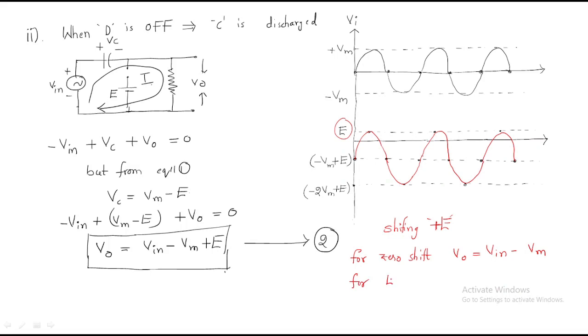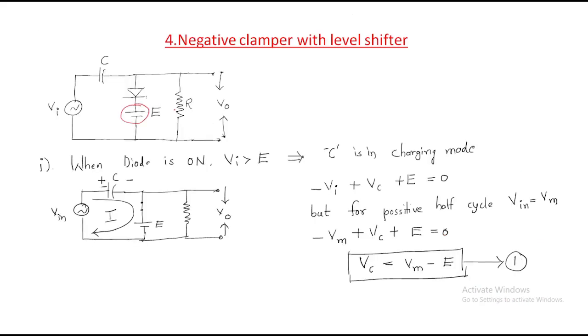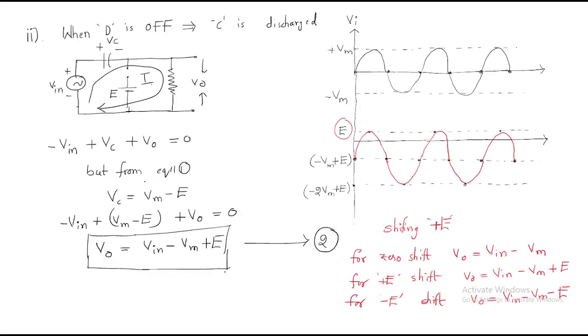For example, if a positive shift plus E is connected, then the output becomes V input minus VM plus E. And if a negative shift is provided, then the output is V input minus VM minus E. Whichever is connected to the diode will be shown in the output. That's why this is the shifting.